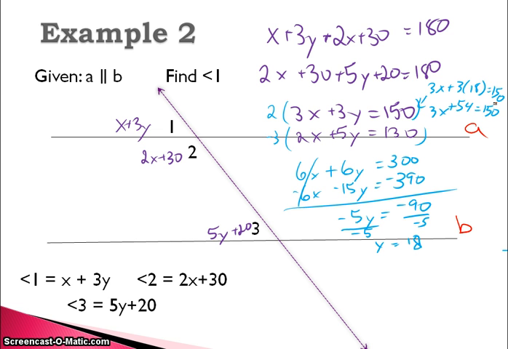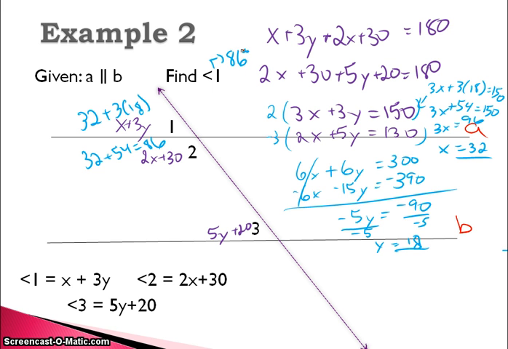Subtract 54 on both sides, so 3x equals 96. So x equals 32. I've got x and y. Now let's plug into angle 1. So I have x is 32 plus 3 times y is 18, so 3 times 18 is 54. So I have 86. So angle 1 is 86 degrees.